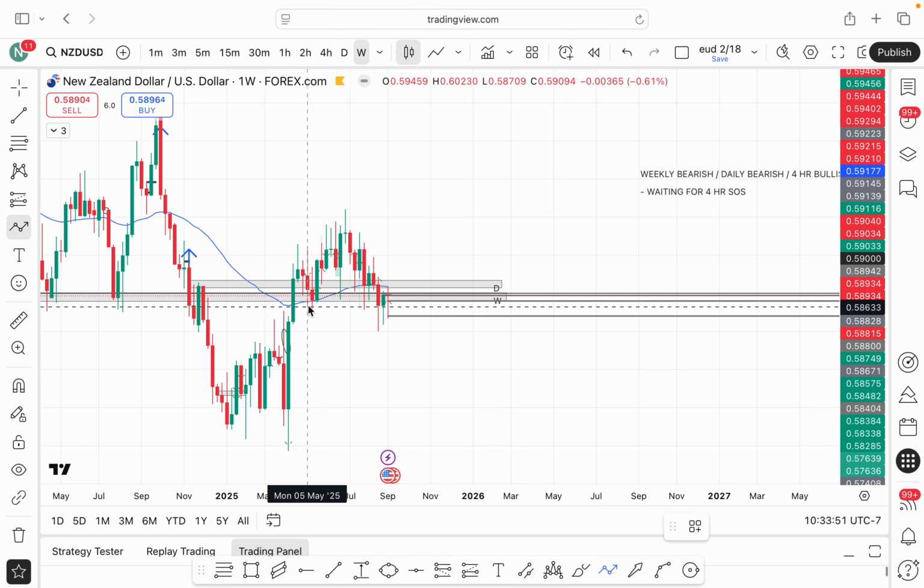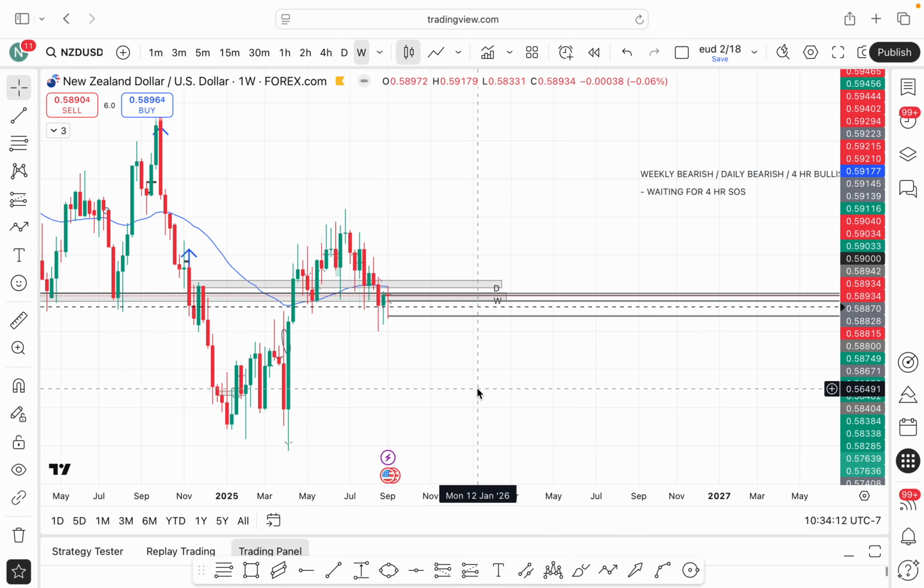Weekly time frame for me it is bearish because this is the higher low, this is the higher high, and we break this candle in the last previous week, which is right here, bearish.